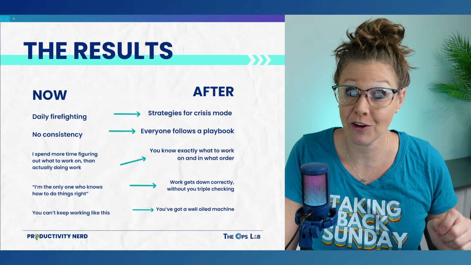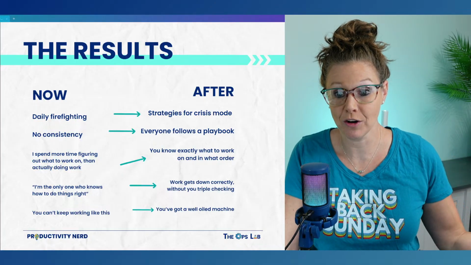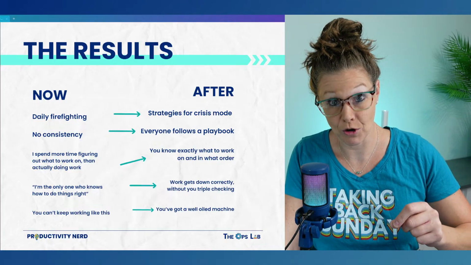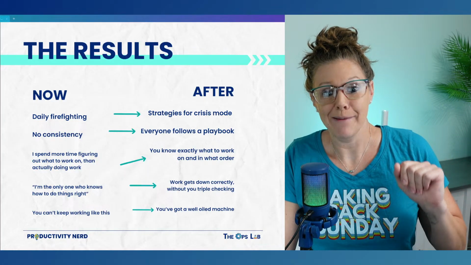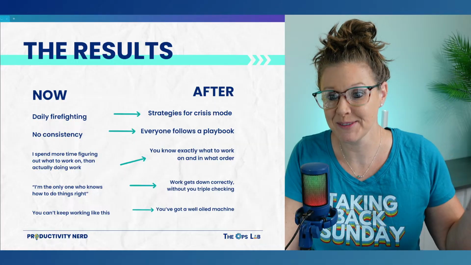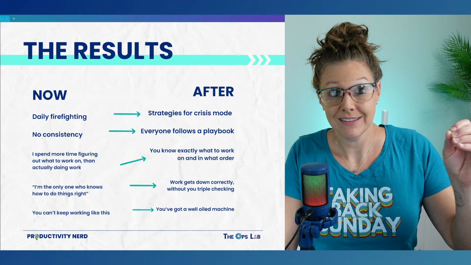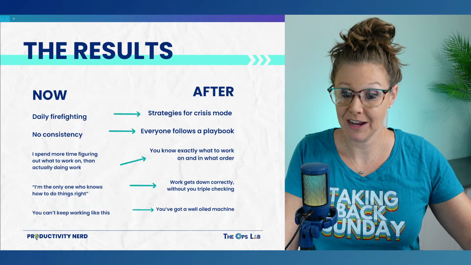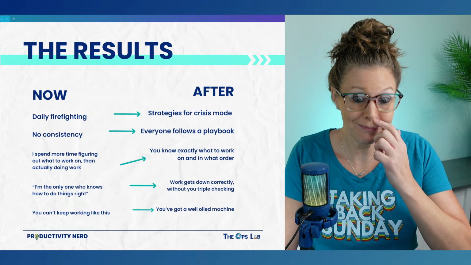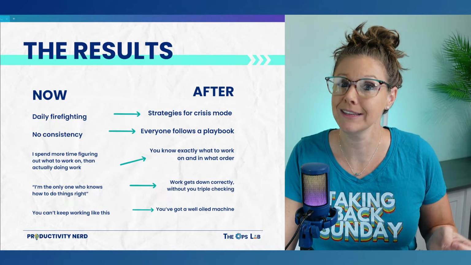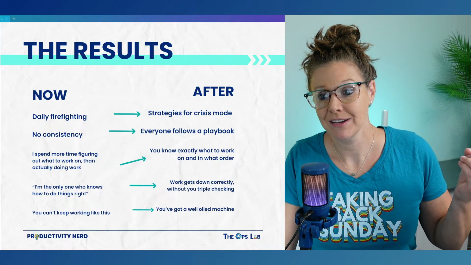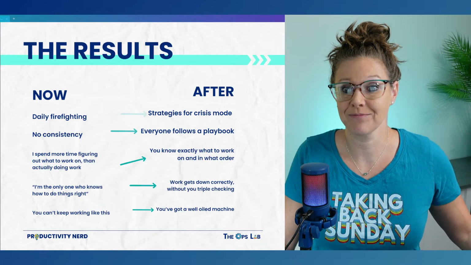I spend more time figuring out what to work on than actually doing the work, becomes you know exactly what to work on by priority in the order that you need to do it. I'm the only one who knows how to do things right, becomes work gets done correctly, the same way, the right way, every time without you having to triple check. And I can't keep working like this. I hear that more often than I wish I did, becomes you've got a well-oiled machine.